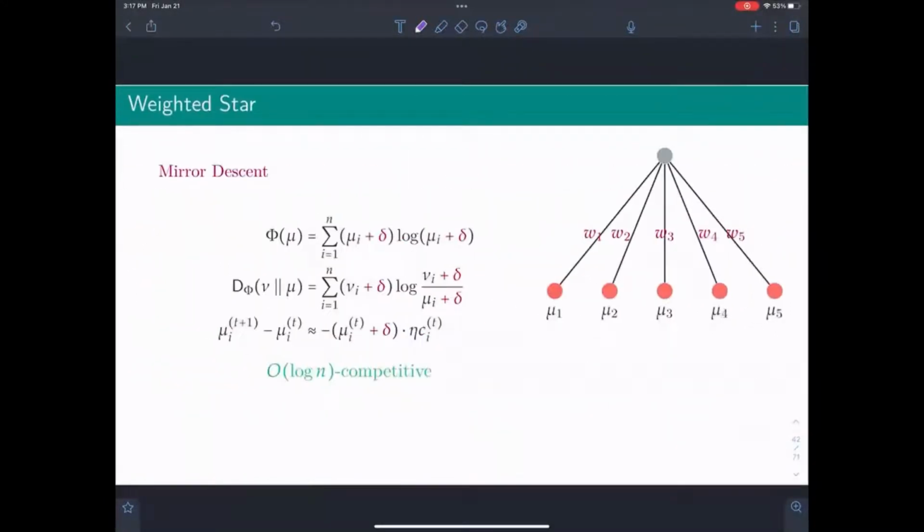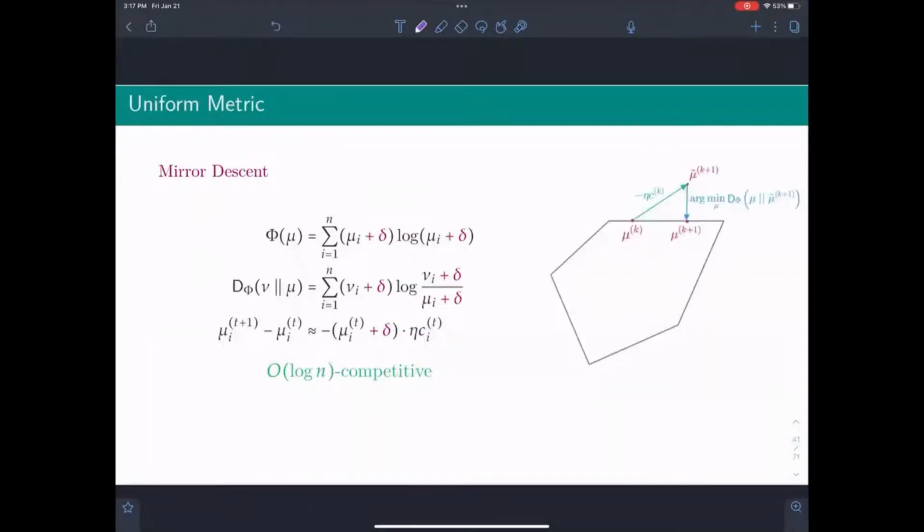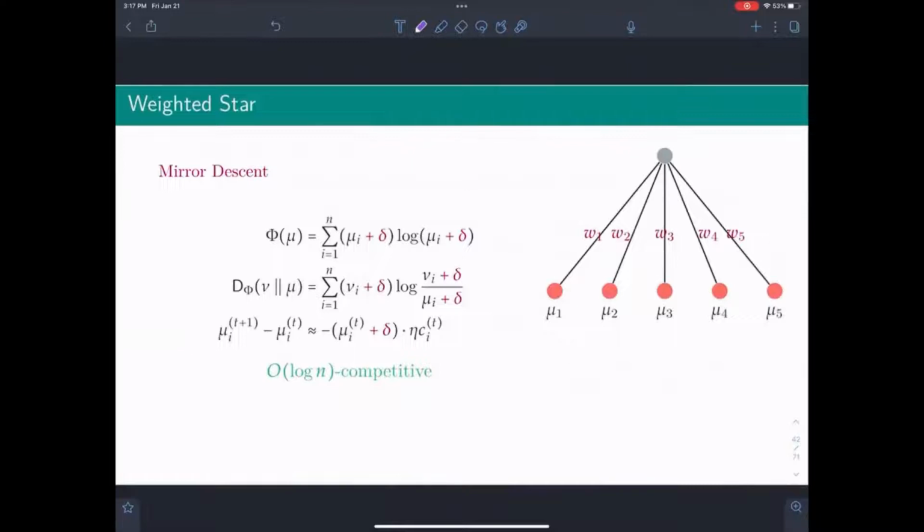Now, if we were instead working with a more general problem, now suppose instead of working with the uniform metric, we were looking at this problem on the weighted star, which is, so the metric is defined as the shortest path distance between the leaves of a weighted star.